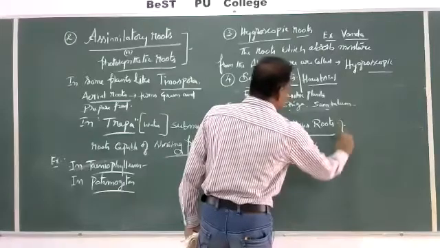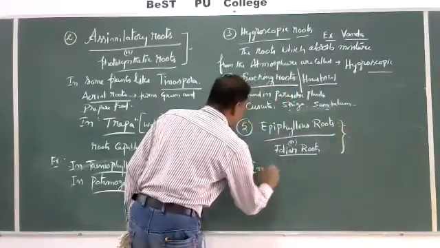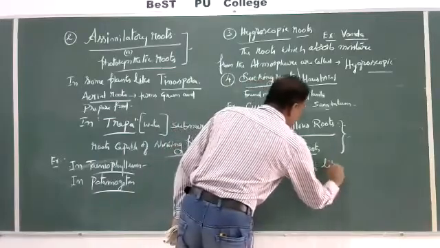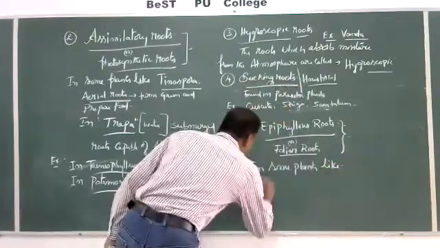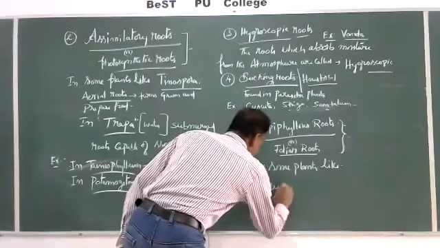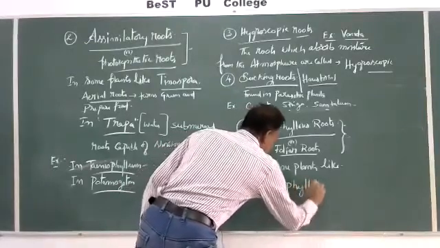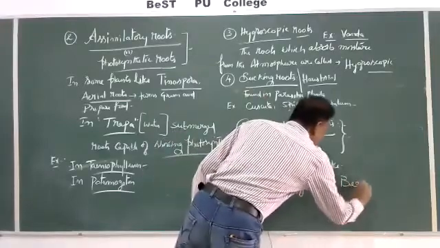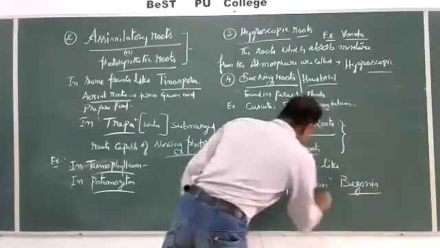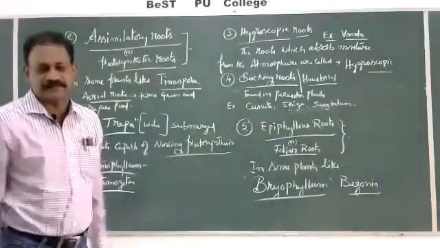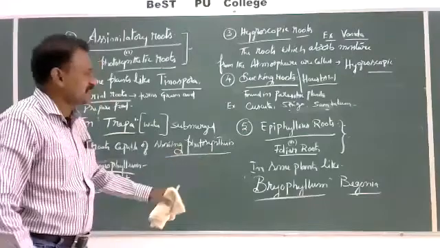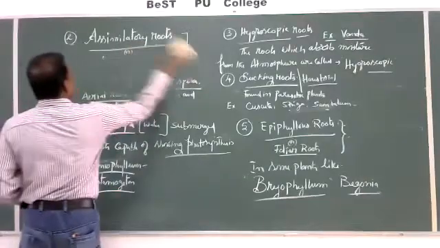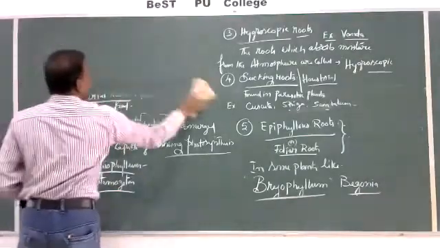Let us see what these are. In some plants like Bryophyllum, Begonia, so many are there. Bryophyllum is the best example.